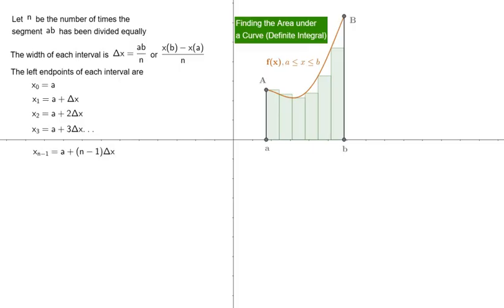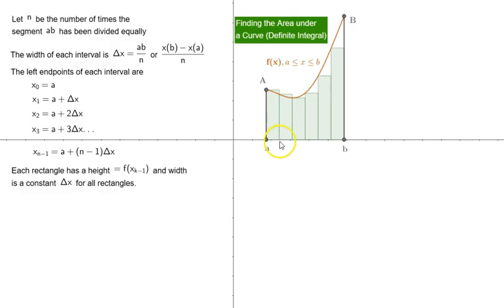And in general, x sub n minus 1 is equal to A plus n minus 1 times delta x. Why n minus 1? Because we are starting with 0. Each rectangle has a height f of x sub k minus 1. So here, this point is, in general, A plus n minus 1 delta x.